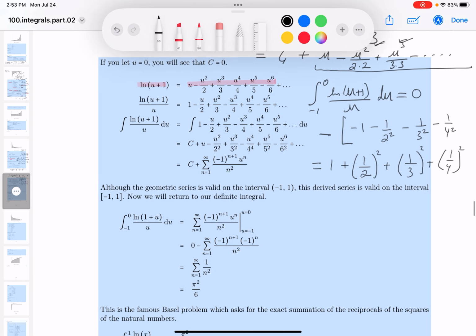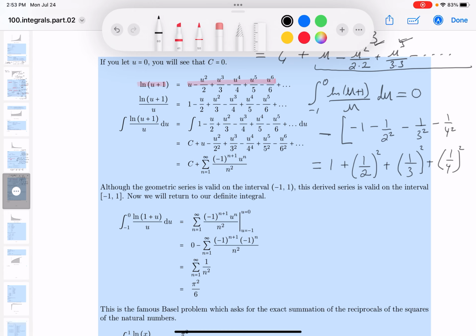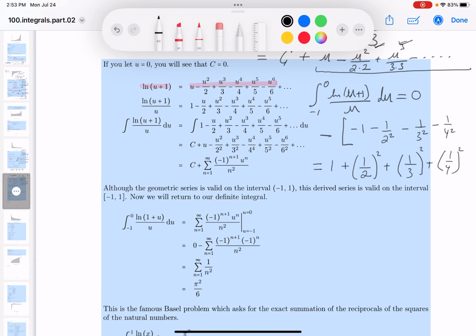All right? And then I think I recognize that guy. Right? 1, 2, 3, 4. I'm going to write this as a summation problem. So I'm going to write this first term as 1 over 1 squared. I'm going to say this really looks like the sum of 1 over n squared, n equals 1 to infinity.